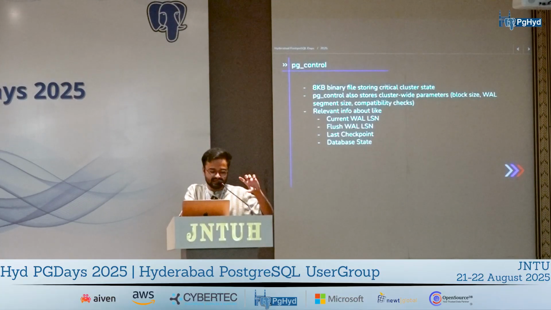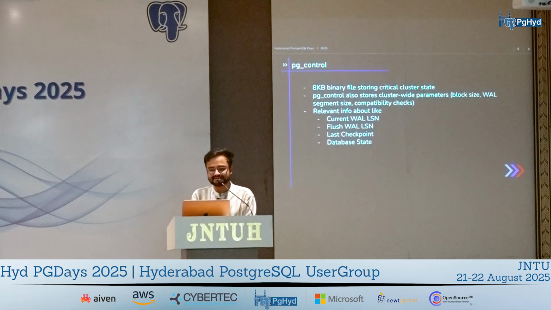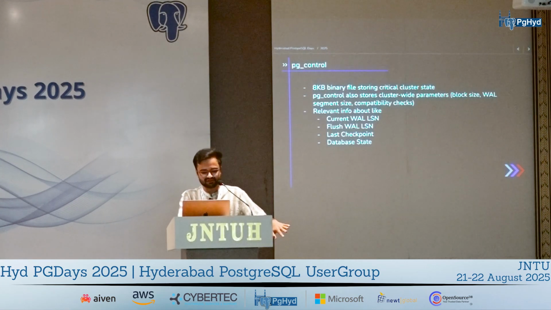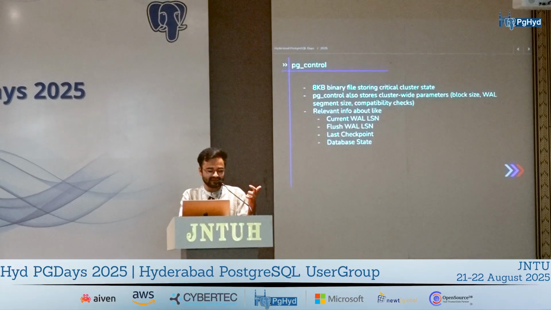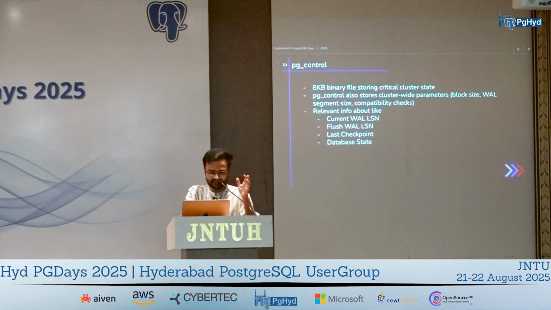basically stores the ID of the last checkpoint, that this was the last checkpoint that took place within my Postgres cluster. It also contains the last log sequence number for the WAL record that was flushed to the disk, as well as the log sequence number of the current WAL record at which the WAL is as of now.